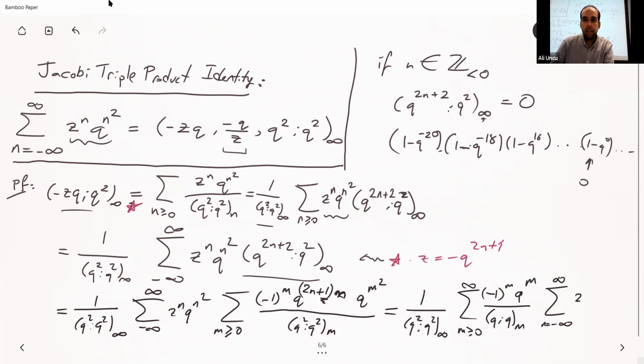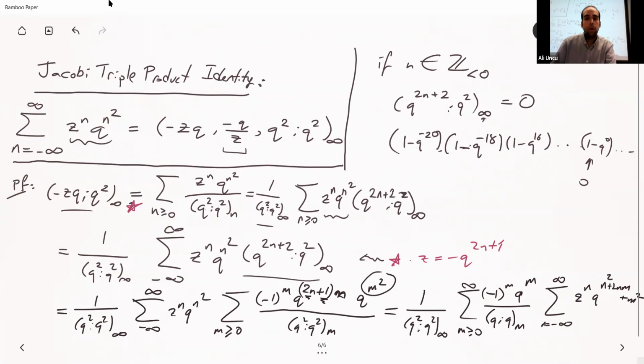I have a z to the n on the inside. I have a q to the n squared plus 2nm. That 2nm came from here. And plus m squared, because I selectively decided that this should stay on the inside. No other reason. I could have plugged that in, I could have plugged that out, but I kept it inside.